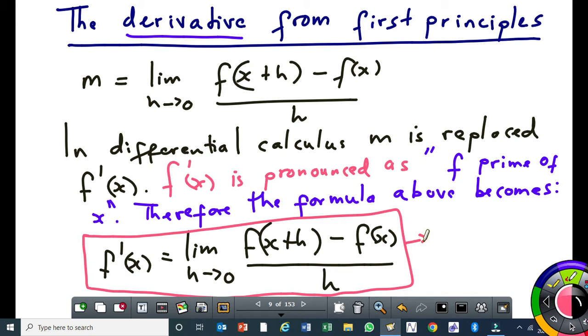The two are the same, but because of the notation used in differential calculus, we don't put m, we put f prime of x. The f prime of x is an f and an apostrophe, but in maths, we just pronounce it as f prime of x.